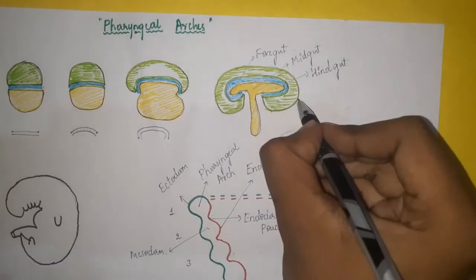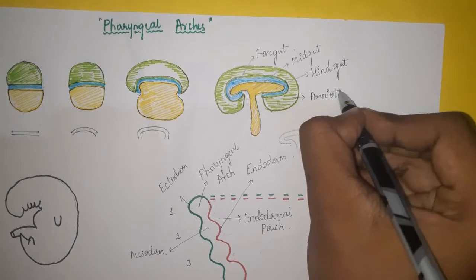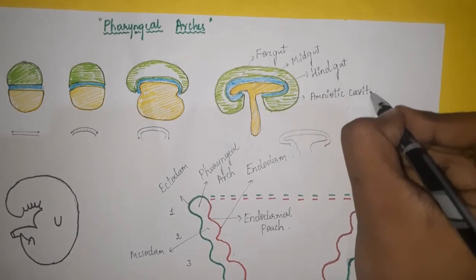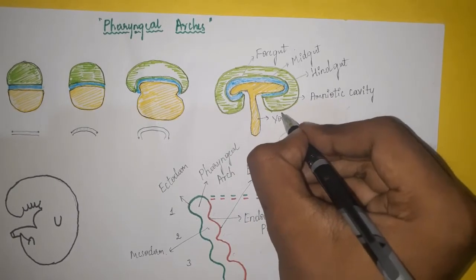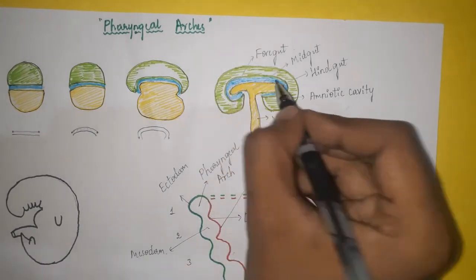Okay, this is the amniotic cavity, the green colored portion lined by ectoderm. Remember ectoderm. This is the yolk sac, the definitive yolk sac, lined by endoderm. Okay, this is the mesoderm.